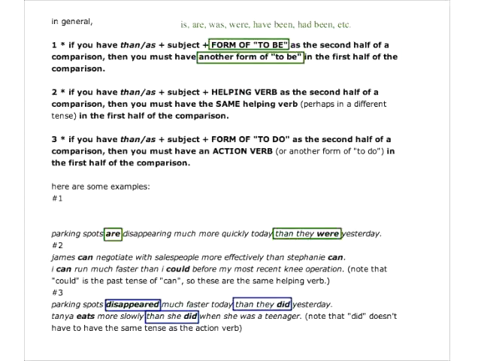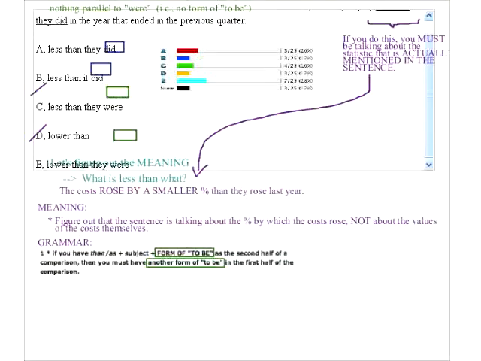That goes with action verbs or general verbs that are not forms of to be. So if you have a to do, then you can have an action verb or you could have another form of to do.